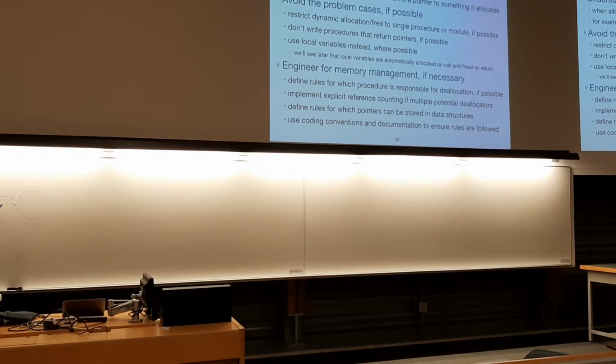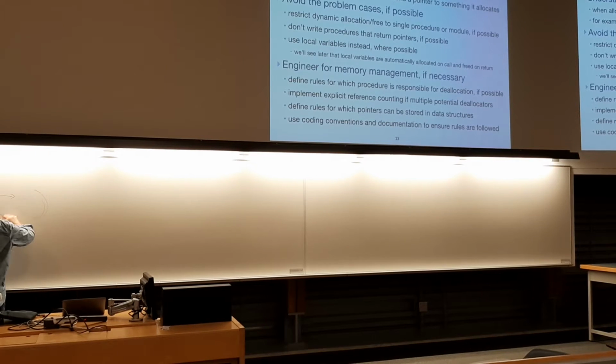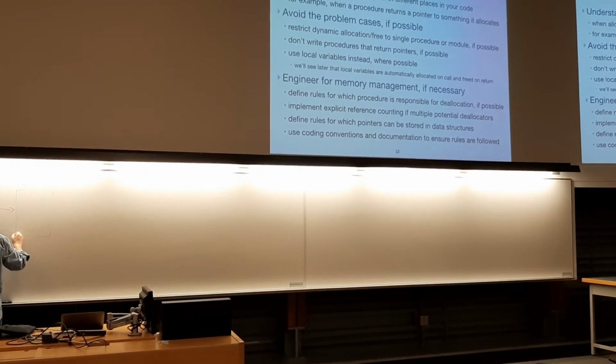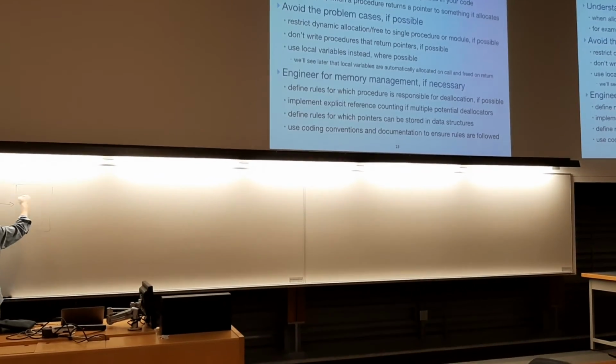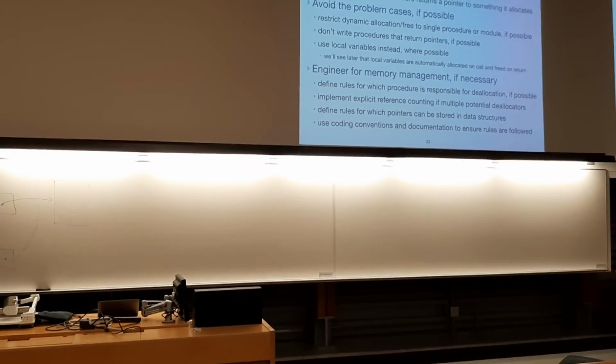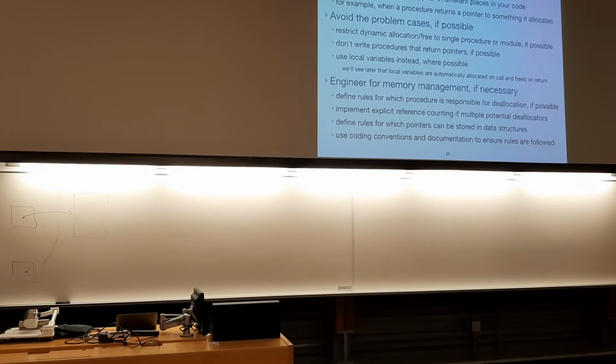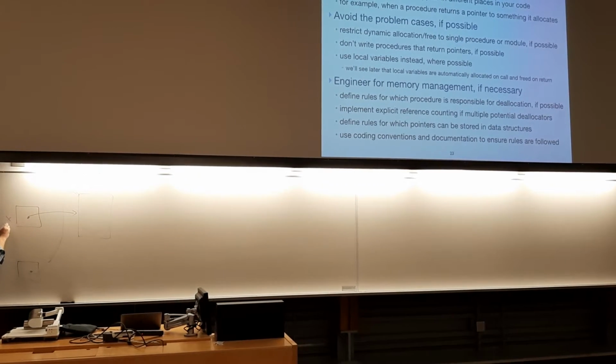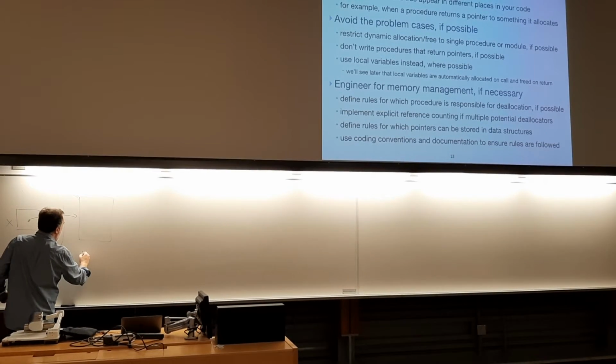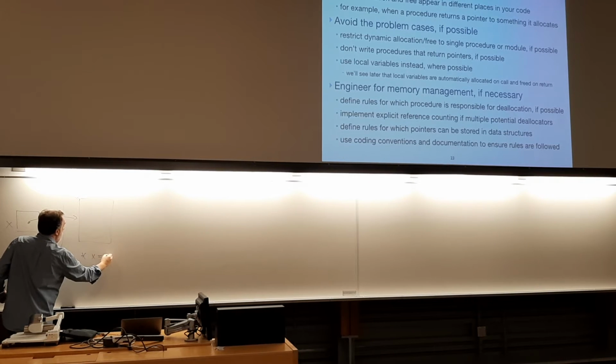I've drawn it here as if they're both pointing to the beginning of the object, but it doesn't have to be that way. In fact, it could point to the middle of the object. And we saw the problem with this is that this is x. You would say something like star x equals 0.